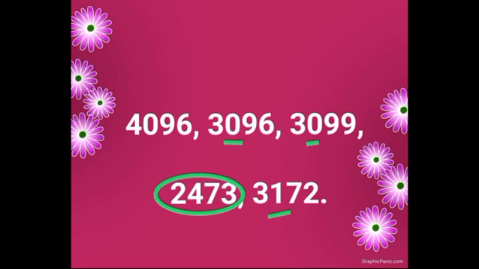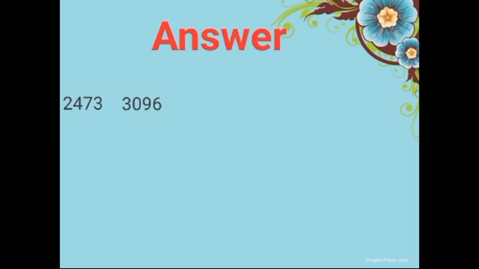But there are 2 zeros in the hundreds place. So, let's compare the tens place, as each number has 9 tens. Let's compare the ones place in each number. Dears, which is the smaller number in the ones place? Yes, 6. So, the second number is 3096.